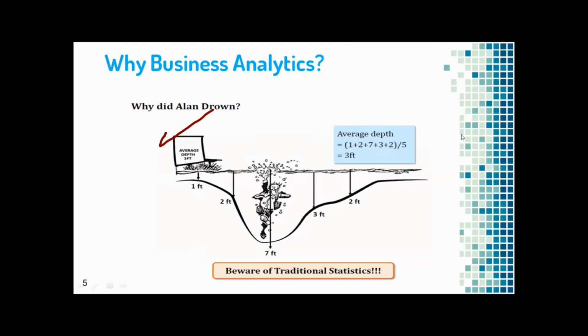So if some of your data are more, some are less, your average will change drastically. So average depth says 3 feet, but your values are not all closer to 3. One value is more, 7 feet. So here standard deviation is missing.